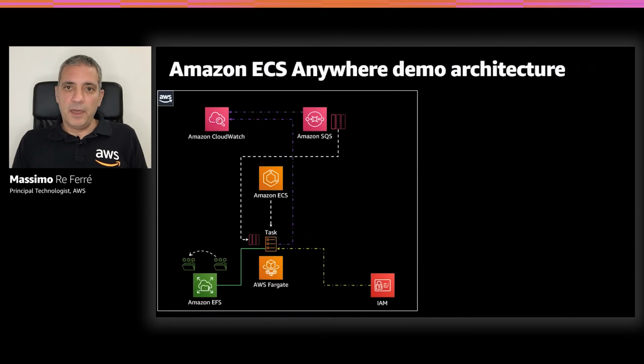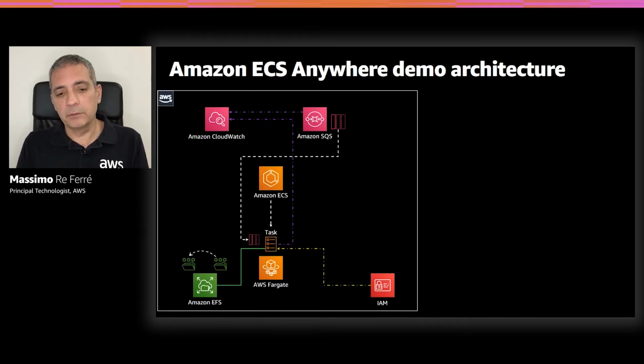So now that we have a basic understanding, let's go and talk a little bit about how the demo is going to work. We will briefly switch into the demo, but I wanted to give you an overview of how this demo is going to work and how we are going to leverage Amazon ECS Anywhere.